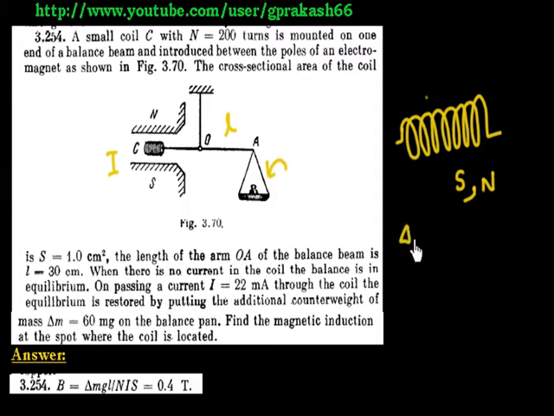The second time you have to put this extra mass. Are you getting? And we have to calculate what is the magnetic field B, the magnetic induction. What is the B value here?